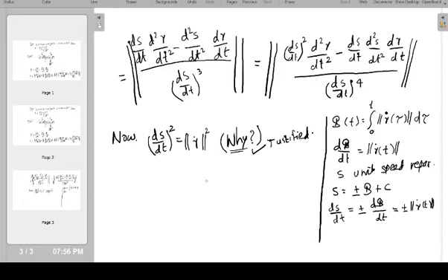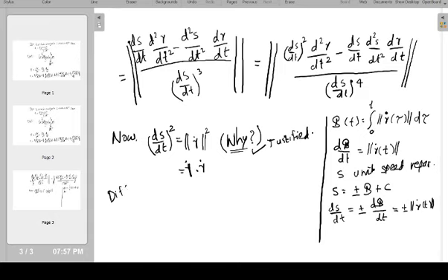So this is nothing but gamma dot inner product with gamma dot. Now let us differentiate with respect to t both sides.